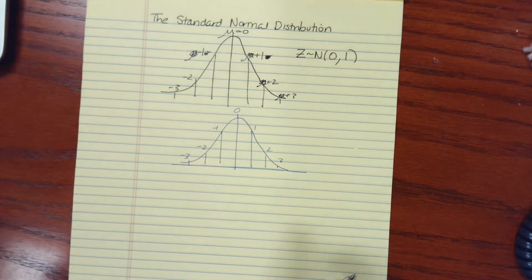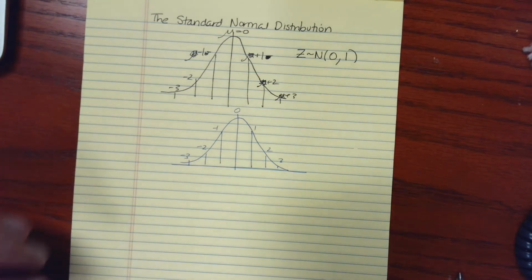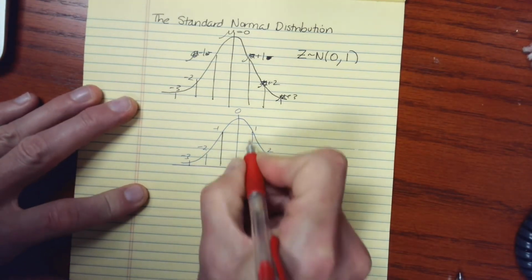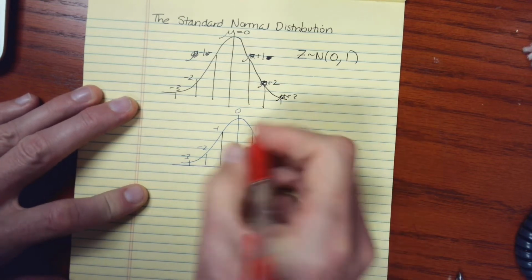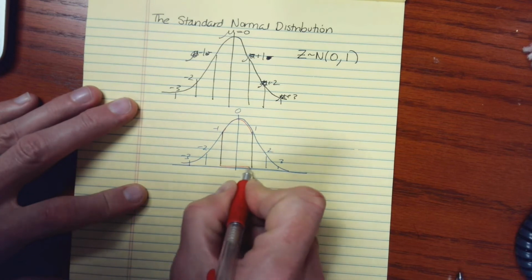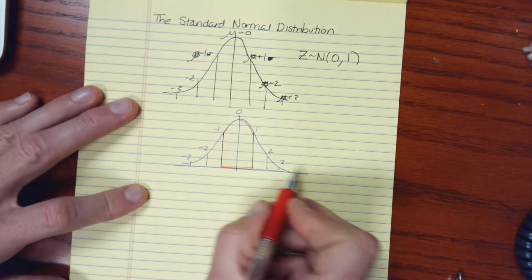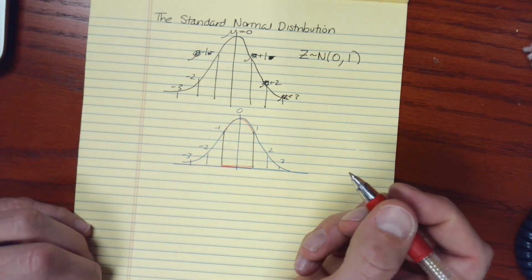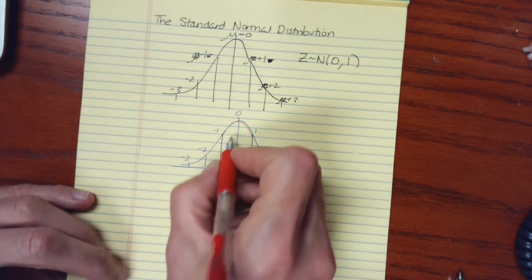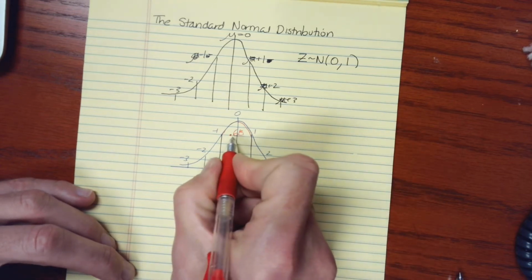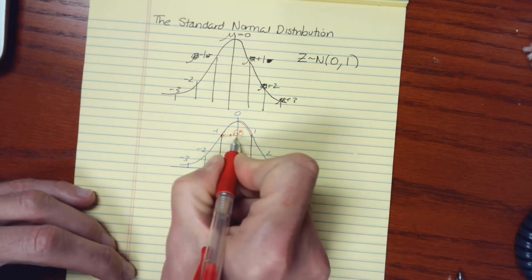Okay, so the area that's under this curve between -1 and +1, so under the curve and above the horizontal axis and between these two values, according to the empirical rule, that's 68% of our area, and so it has an area of 0.68. And so that's from here to here.